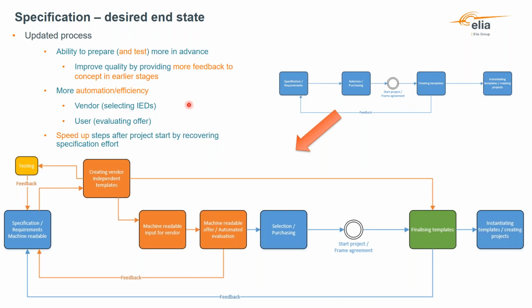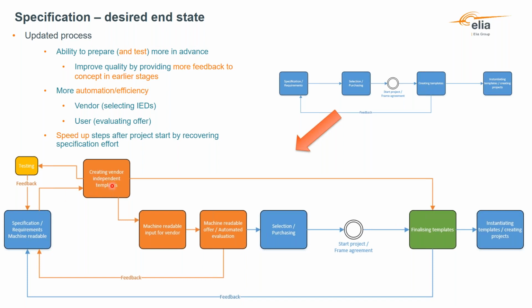And in this way, by preparing more in advance and allowing more automation, we speed up the phases after the start of the project. Because we prepare more in advance, we can create our templates easier and more efficiently, so we can start projects at an earlier stage.